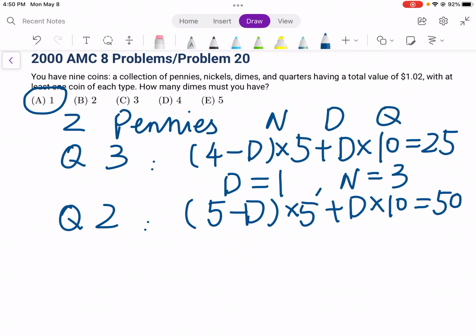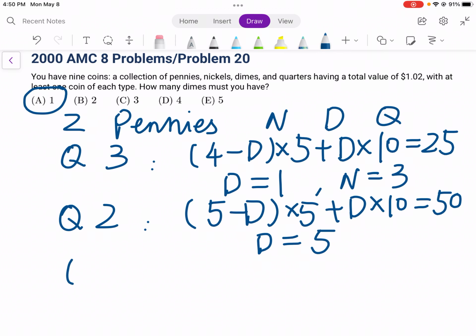And if we solve this problem, we will find out D equals 5. Because D equals 5, then N equals 0, which is not a valid solution in this case. That means there's no nickel in this solution.